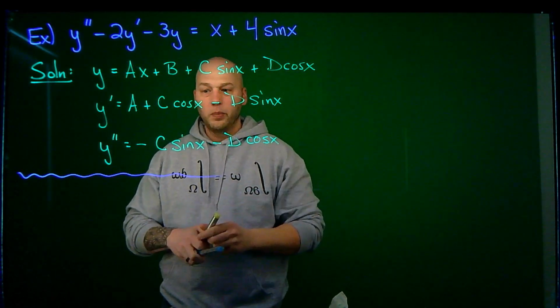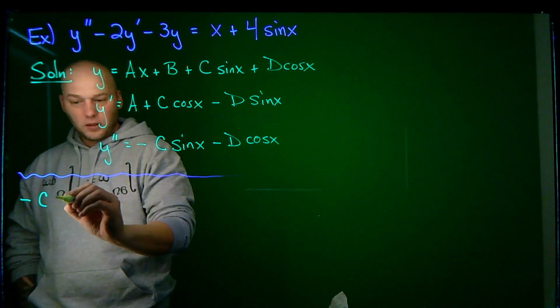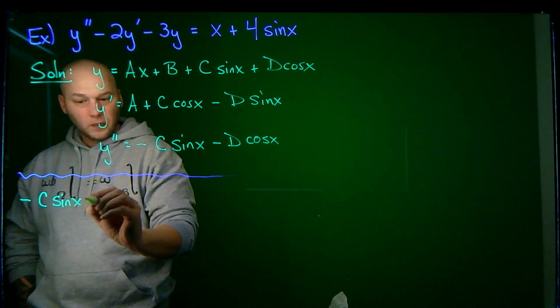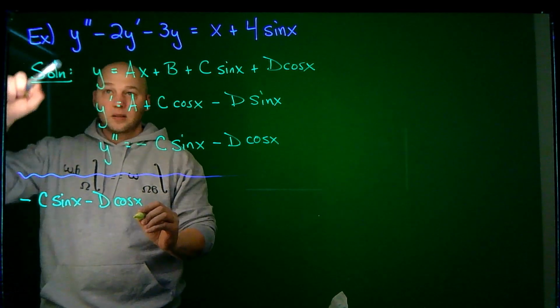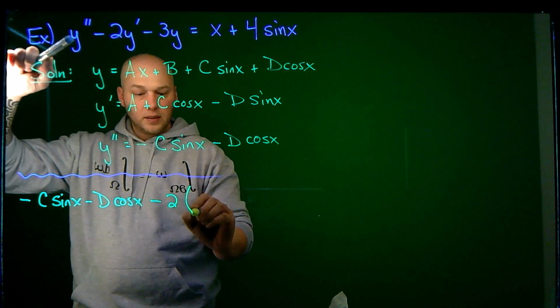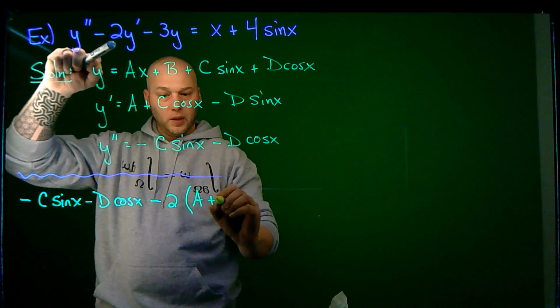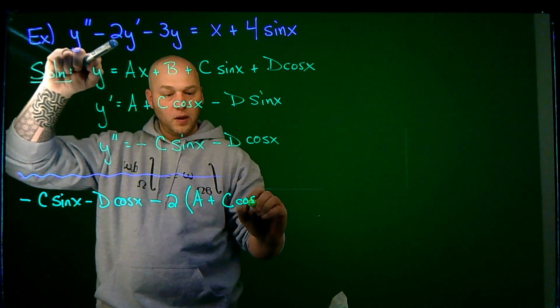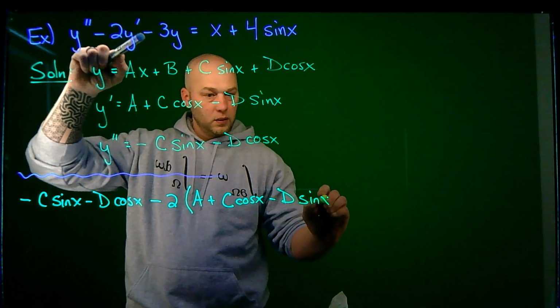Okay, go ahead and plug things in. I would have negative c sine x minus d cosine of x. That's the second derivative, minus 2 times y prime, which is a plus c cosine x minus d sine x.